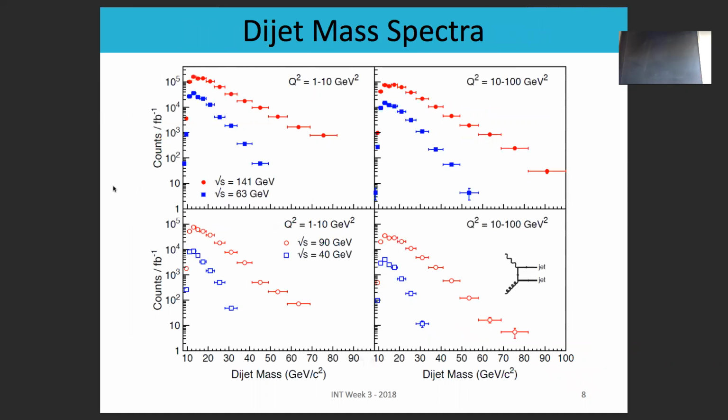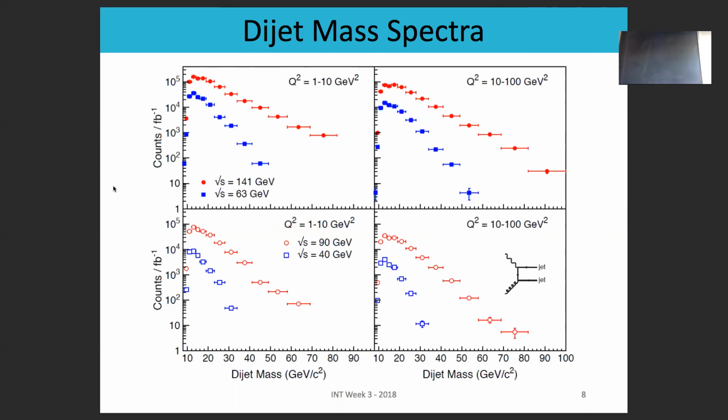Here we see the same thing now just for dijet mass. Here I require one of my jets to be above 5 GeV, one of my jets to be above 4, and then I ask that they be separated in azimuth, and then I just plot the mass again for the Q squared ranges and the several energies.